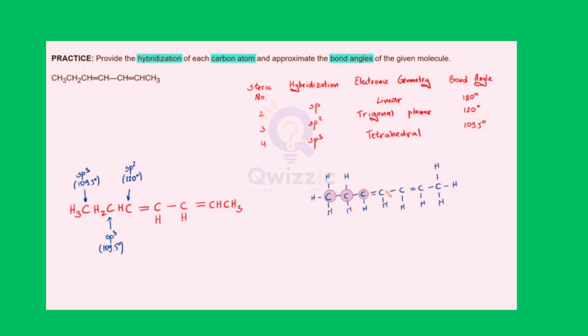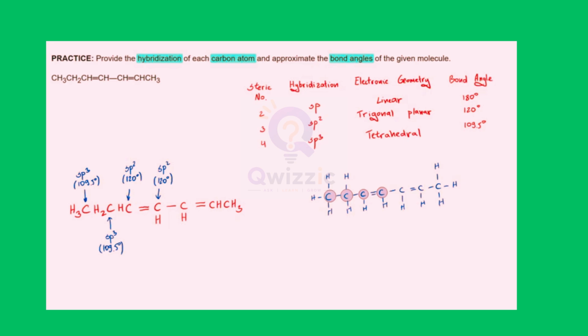Moving on, we notice that we have another double bonded carbon. So we have 3 electron regions as mentioned before. And it essentially means that we have another carbon which is sp2 hybridized with a bond angle of 120 degrees. Now the next carbon is also double bonded, right?